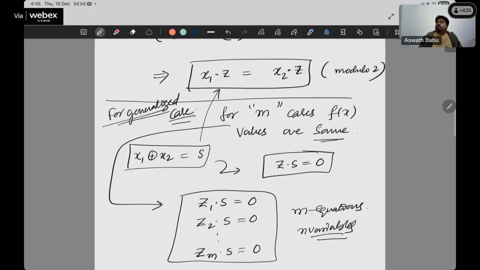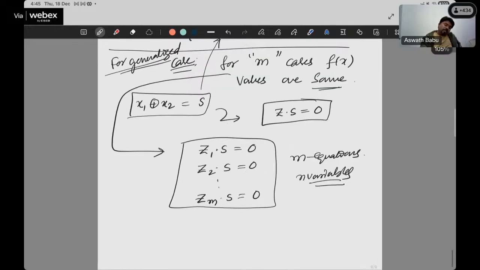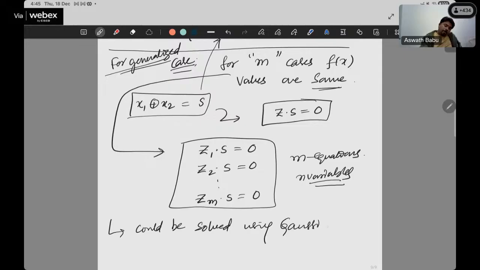This system of m equations and n variables can be solved efficiently using classical methods, using the Gaussian elimination method.